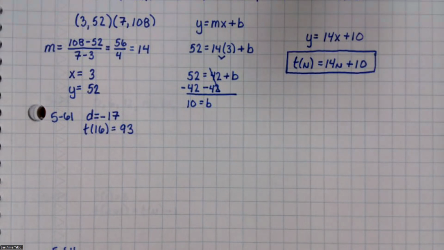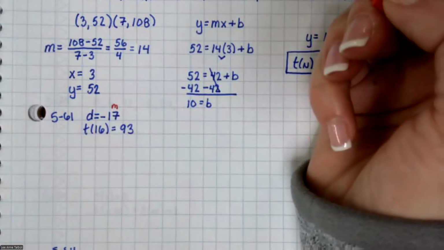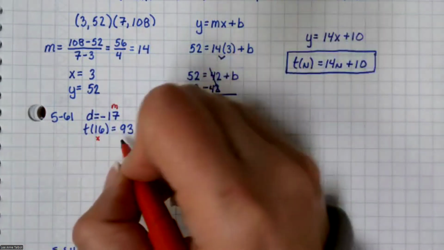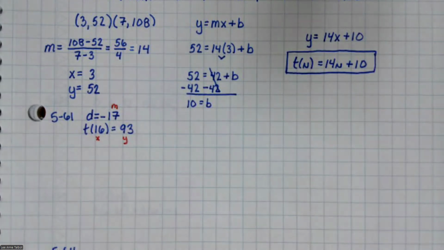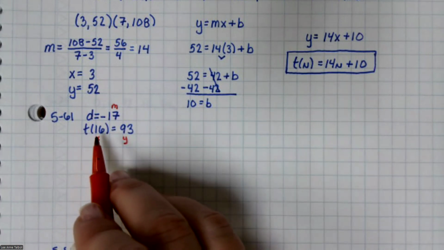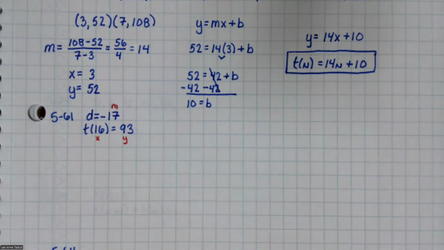Okay. This is the slope. This is your x. And this is your y. Difference is the slope. This is term 16, which is the 16th number, and the 16th number is 93. Okay, so come down here.